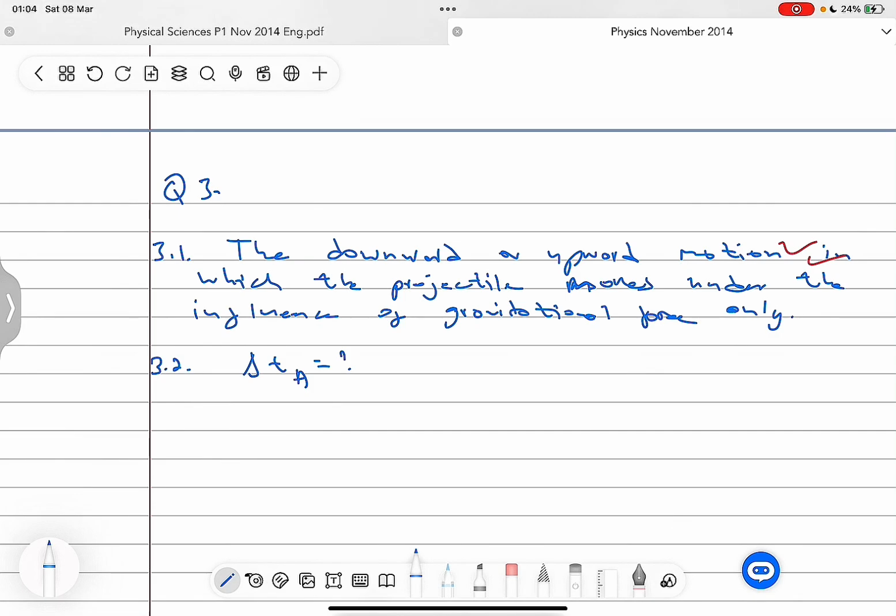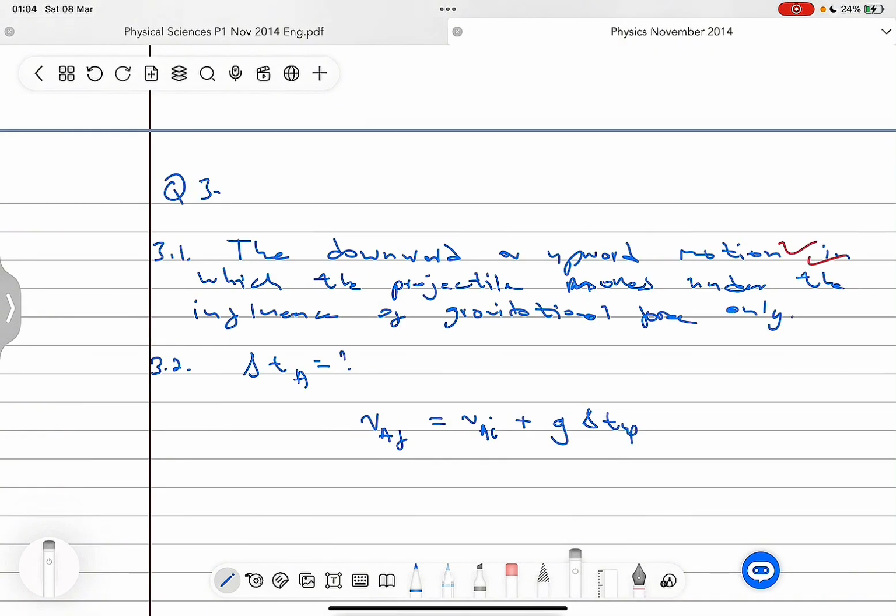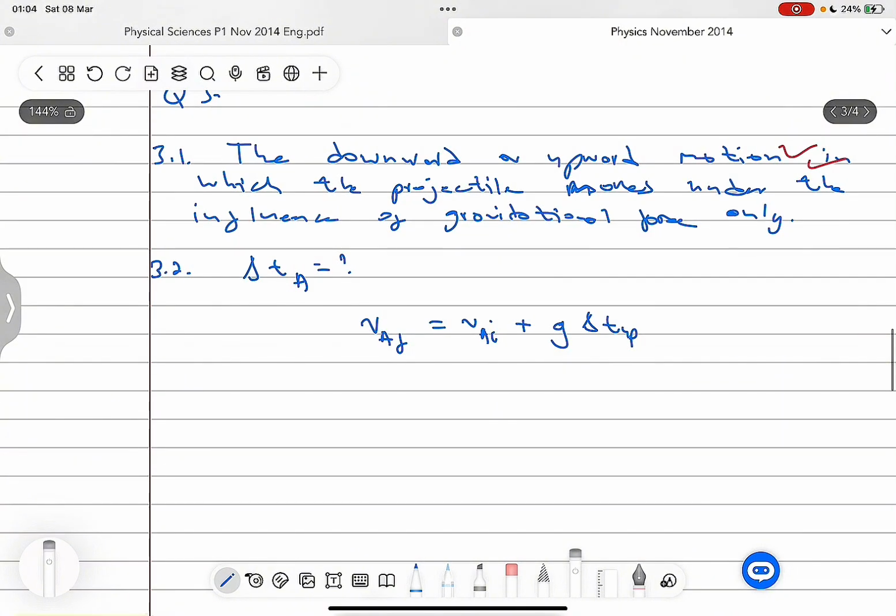And to do that, I can use the equation: final velocity of ball A equals initial velocity of ball A plus the acceleration due to gravity times the change in time that it takes to go up. Very important, this is the time it takes to go up because I'm using velocity and acceleration, so I'm only finding the time for this part of going up.